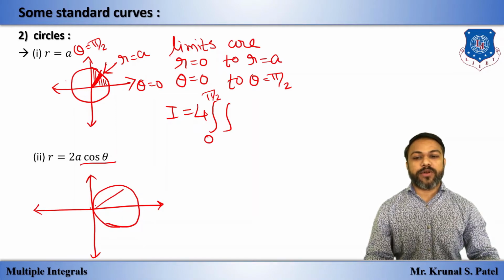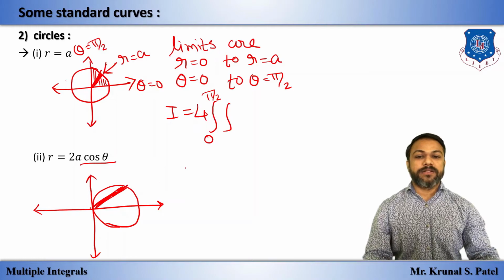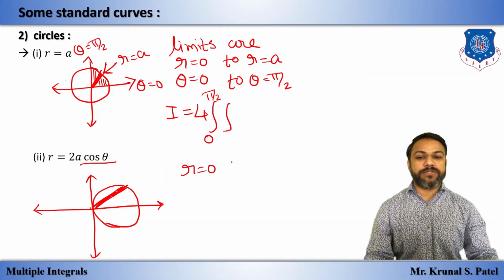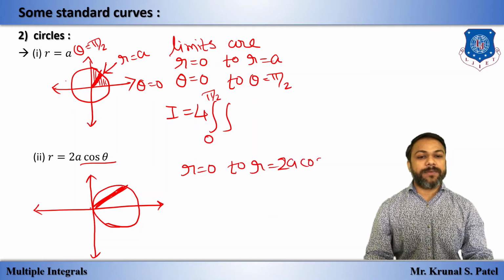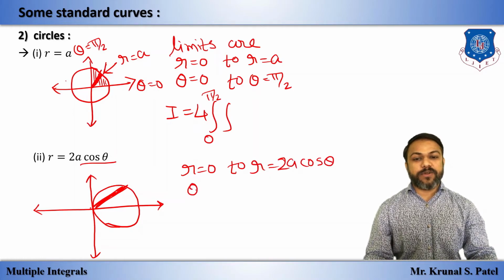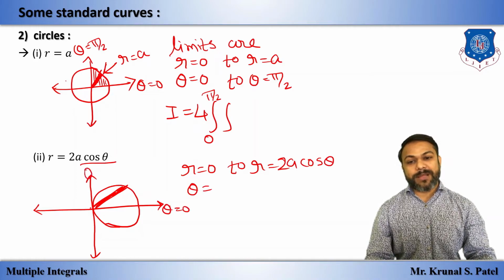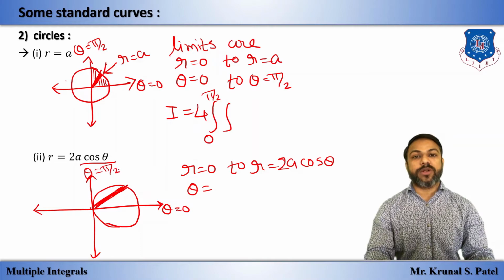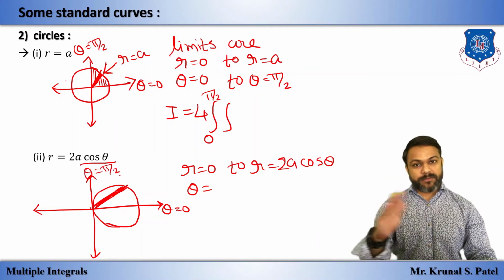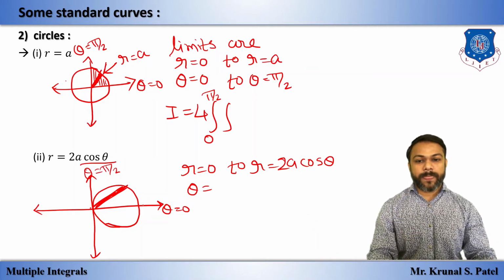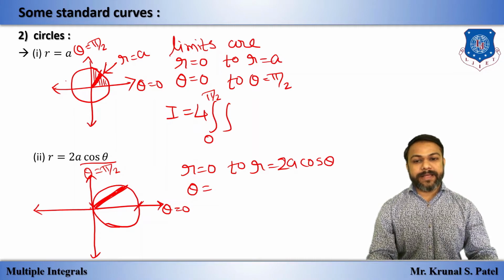Okay, so from origin to this circle, the limit is r is equal to 0 to r is equal to 2a cos theta, and theta compulsorily is from 0 to pi by 2, because this circle is not going on the right hand side; the left hand side starts from here and ends here.